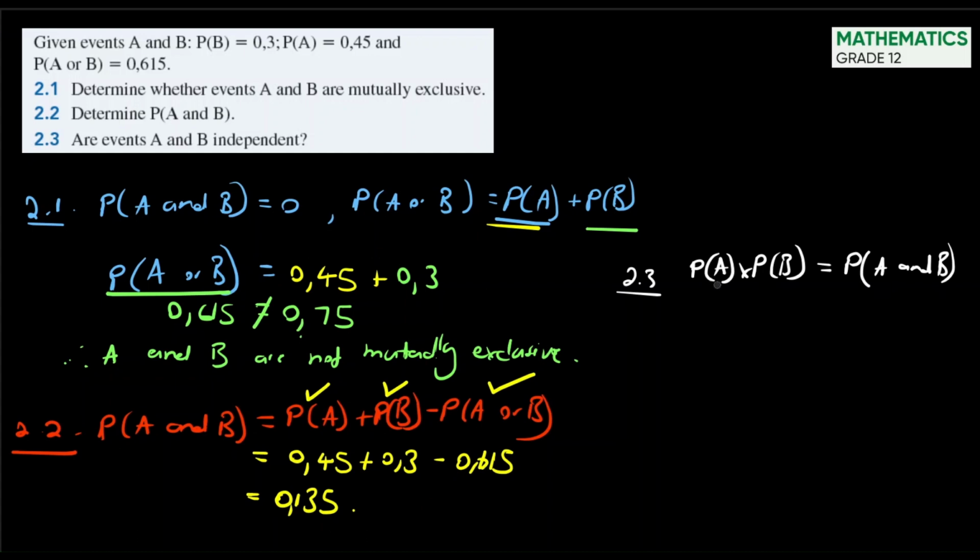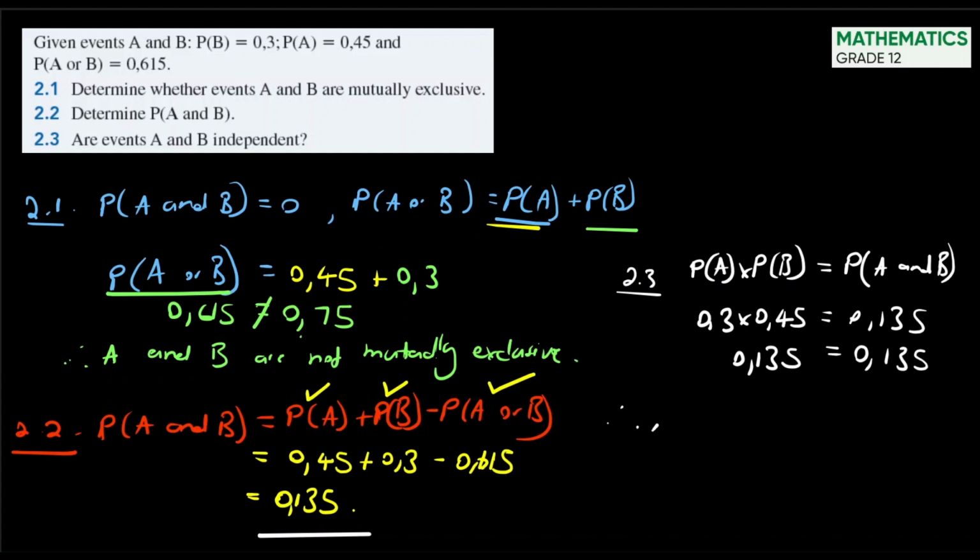Let's go ahead and do that. The probability of event A is 0.3 times the probability of event B, 0.45, which gives us 0.135. And we know that the probability of A and B, which we calculated in the previous answer, is 0.135. Since these are equal, it suffices to say that events A and B are independent events.